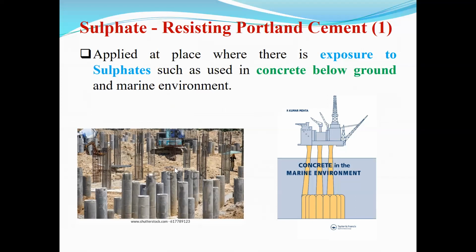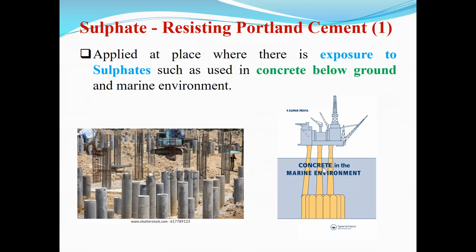So here you can see some pile works. Ultimately at one stage, this will go under the ground. This will form the substructure part, which will be subjected to sulfate attack. And also in marine environments, there are some offshore structures.